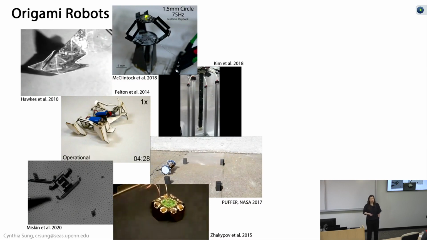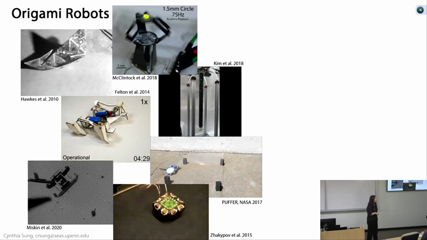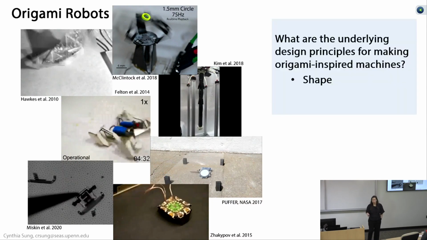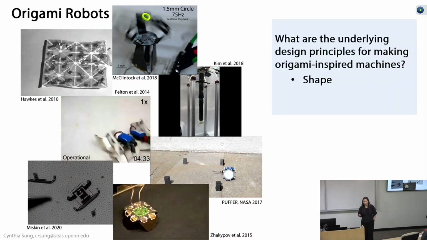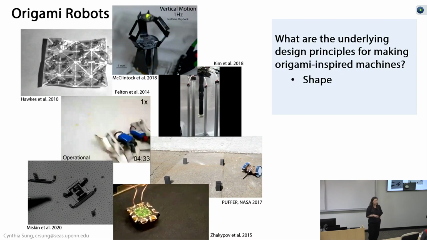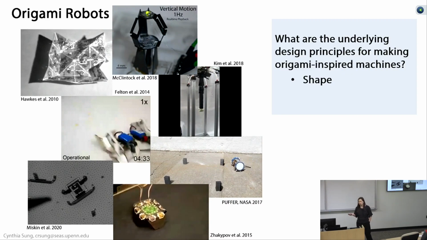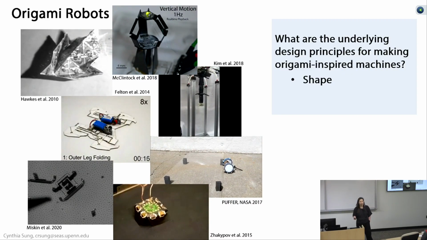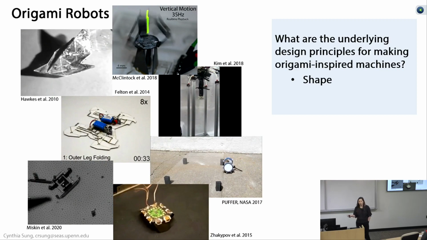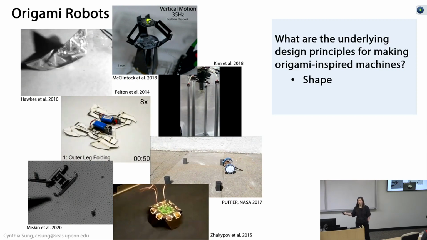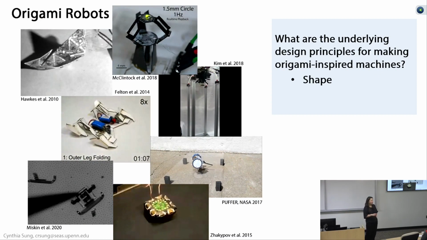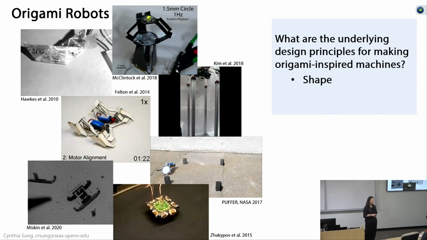So in my group, we're interested in the question of what the underlying design principles are. How do we actually design these sorts of origami-inspired machines? And this is not a new question. There's a whole field of origami mathematics. And in this field, people have been primarily concerned with the question of shape.